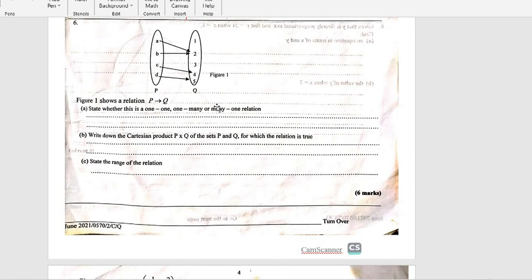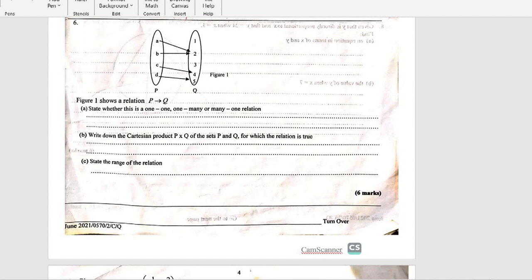Okay, now looking at question 6, shows a relation P implies Q. Study whether this is a one-to-one, one-to-many, or many-to-one. Let's look. A is mapping to 2, B to 2, C to 4, D to 4, to 5.